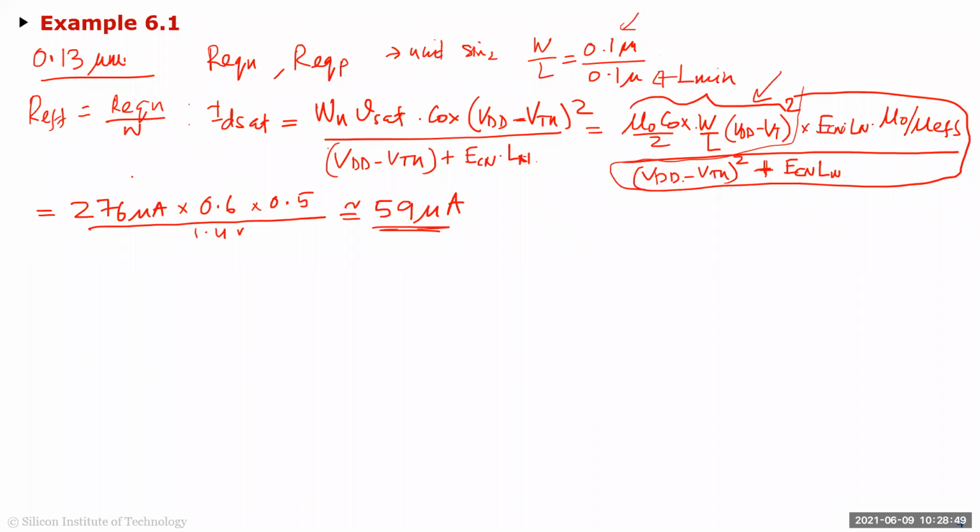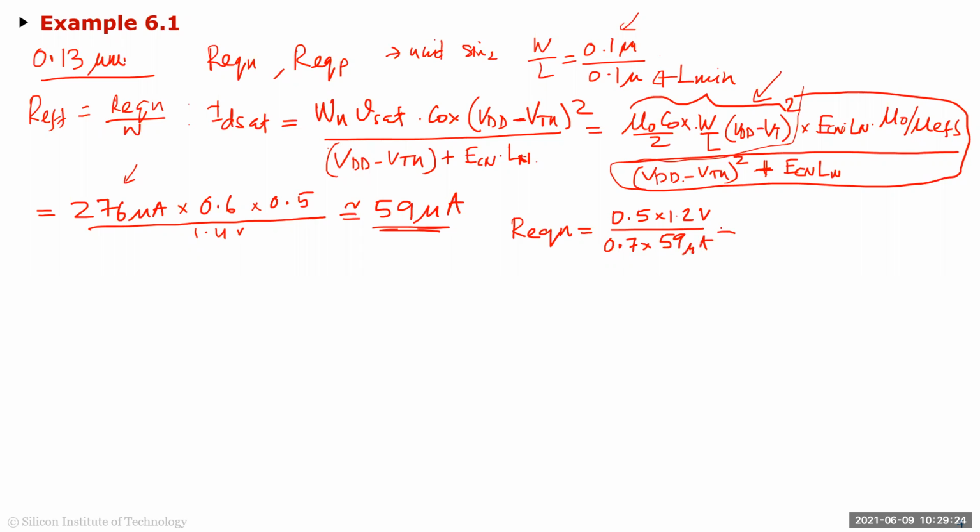You can see that because of the high field, your reduction from our old long channel approximation is a huge reduction in the current. That means the R equivalent N is going to increase by the same amount, which is 0.5 times 1.2 volts divided by 0.7 times ID sat N, which is 59 microamps.